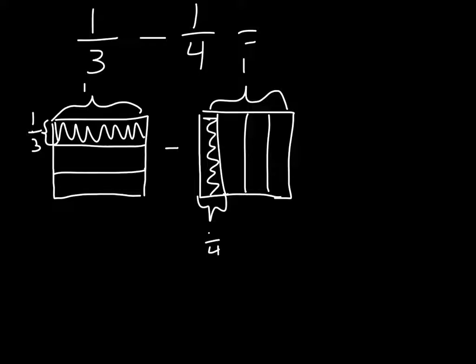And I'd like you to notice that when I move the 2 lines from 1/3 over here, what I'm actually doing is multiplying the number of pieces by 3. And when I draw the 3 lines that cut 1/4 into fourths, what I'm actually doing is multiplying the number of units by 4.